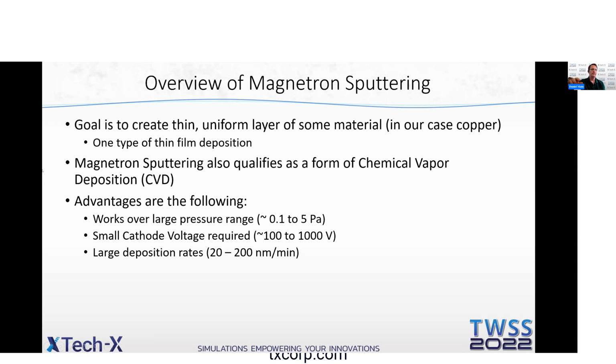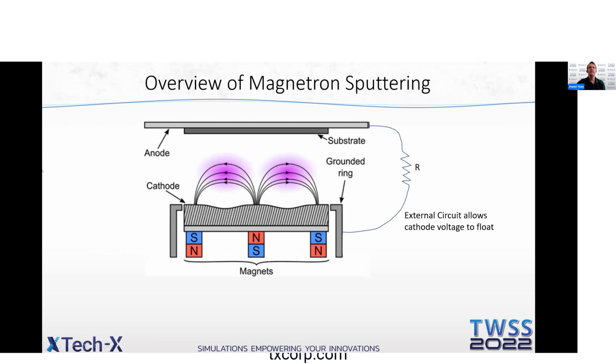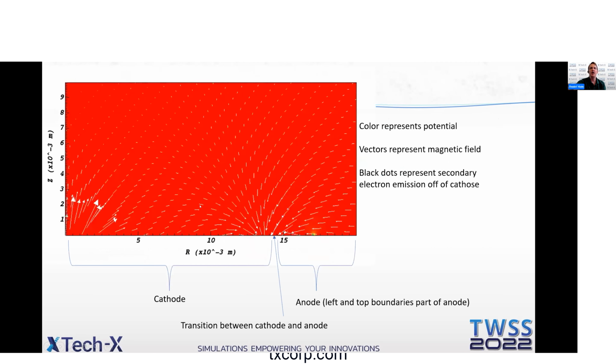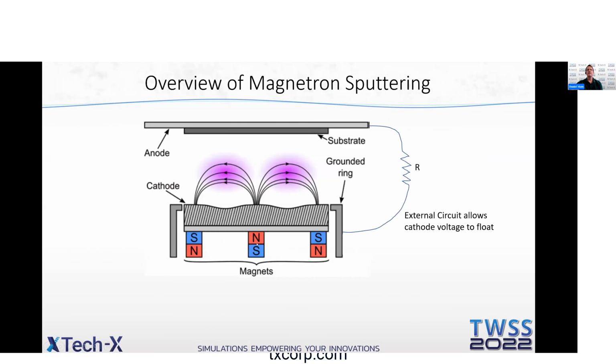Okay, so here's one sort of cartoon that I found. On the bottom, we're going to place our cathode, and underneath this cathode there are going to sit a couple of permanent magnets, and then the anode will sit up here.